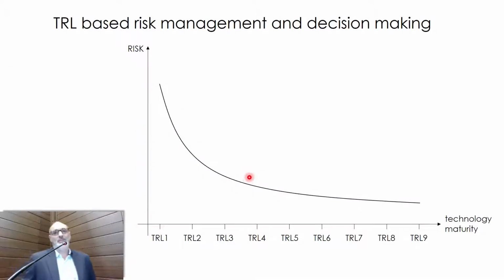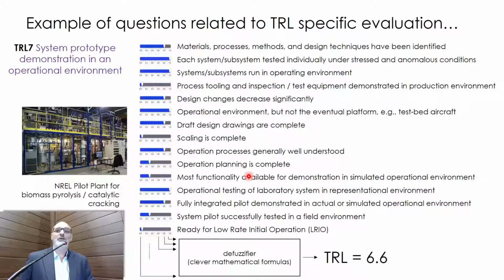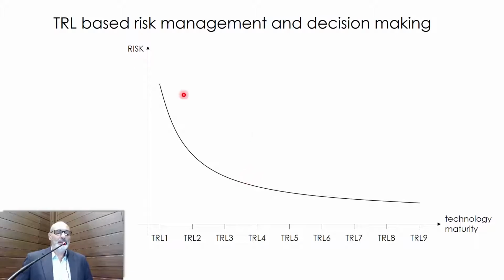Okay, so let's talk about risk management. I've been showing you how to assess this technology, and the idea is that technological risk decreases with technology maturity. Of course it's very risky at the beginning, and by risk I mean the risk of what?